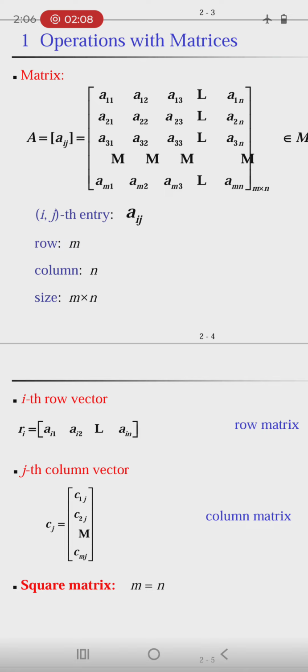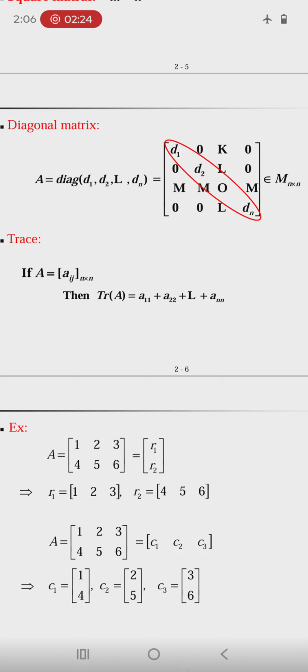Next is the square matrix, that is, m equal to n. M is the number of rows, n is the number of columns. When the number of rows and number of columns are equal, the matrix is called a square matrix. Diagonal matrix: let A equal diagonal d1, d2, and so on, up to dn.